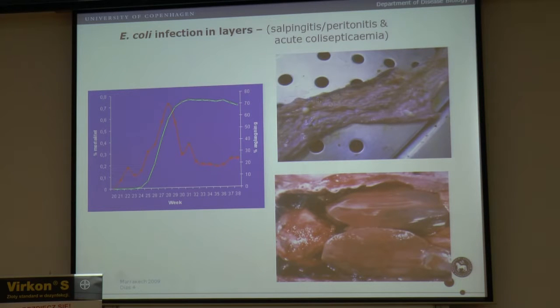It's very common in Denmark at least. And of course the pathology, as you also know, may be that in the oviduct we see different amounts of pus. So not a very difficult condition to diagnose at least. It may also, as I said, progress into a quite acute form of septicemia with necrosis of liver and spleen, etc.